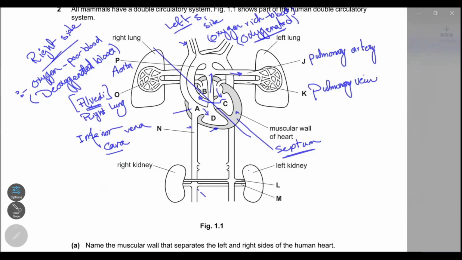Yes. Here, a blood vessel, which is a branch from the aorta, that takes the oxygenated blood surely to the kidney. And of course, this is supposed to be the renal artery.